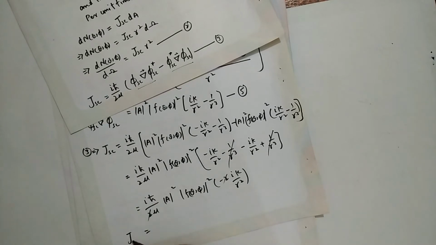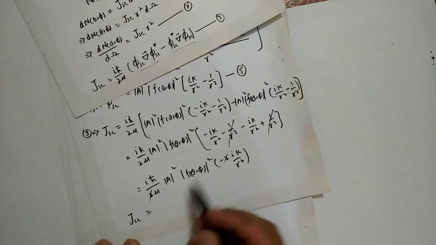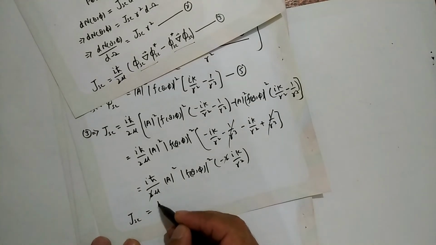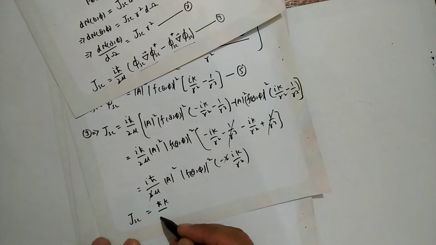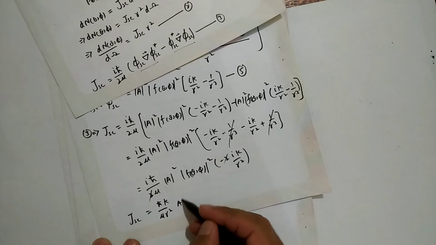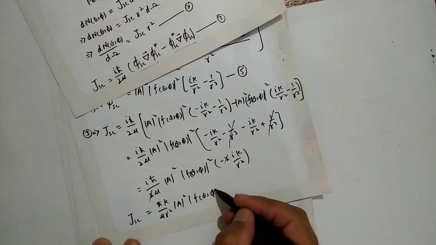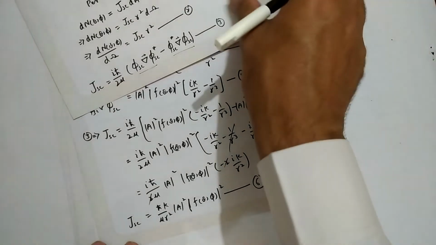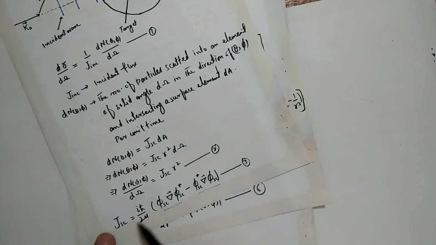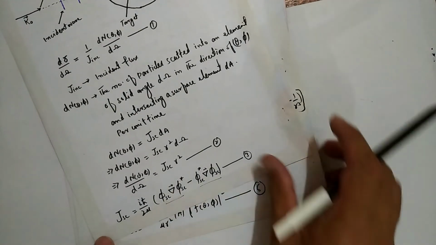So the scattered flux density will be equal to plus h cut k divided by mu into r square times A mod square into f of theta phi mod square. This one is equation number 6. So we have found this term, which is equation number 3. Now substituting it in equation number 2.